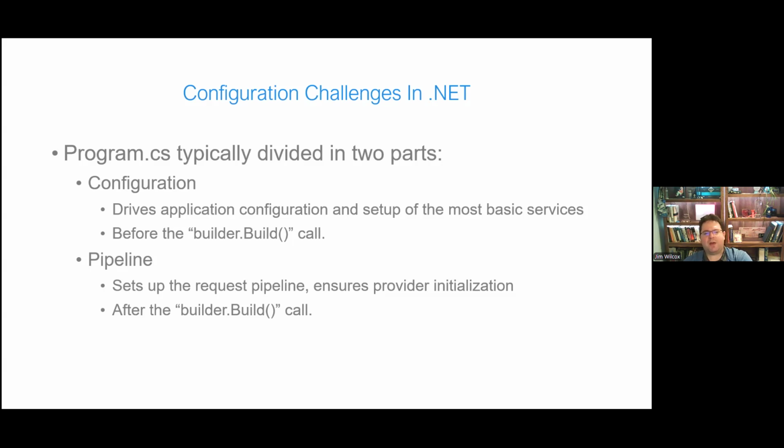So again, all of the things that you do in the configuration step in your typical program.cs for the stuff before builder.build, but then there's those extra things that need to be done separately and after the builder.build call.